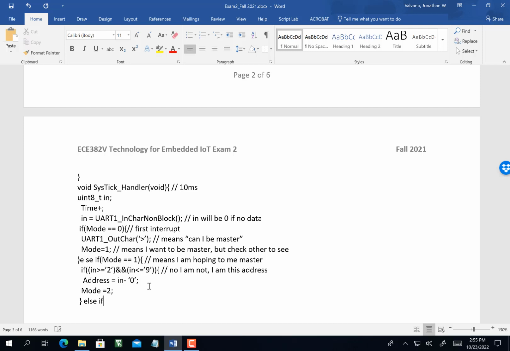Else if. Again, I'm incrementing time every cycle. So if time gets to be greater than some number, whether that's 100 or 1,000, I don't care. The point is, after some amount of time, I'm going to declare myself as master.